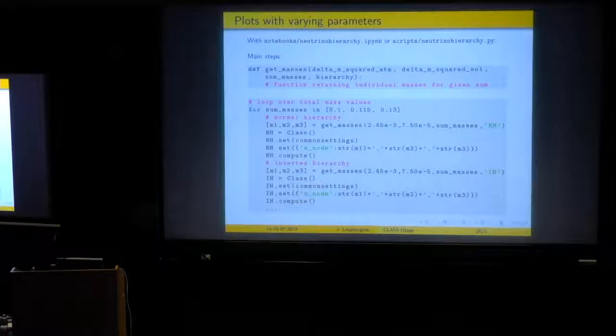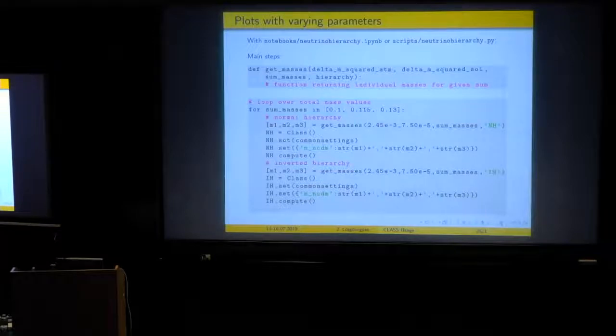Now we do a loop over the total mass. The total mass will vary from 0.1 to 0.13 electron volt in this example. And first, I call my get masses function for the normal hierarchy, and I have an array of 3 neutrino masses. I define a class that I call nh.